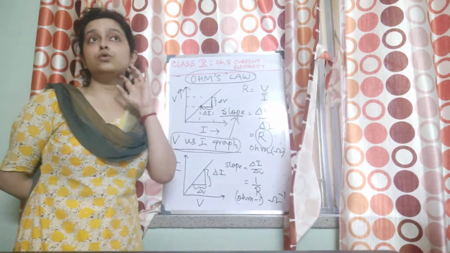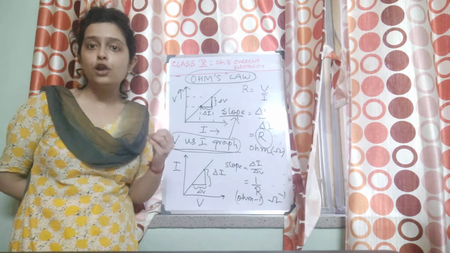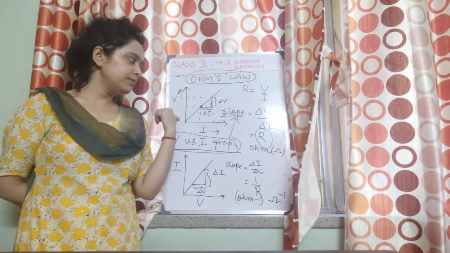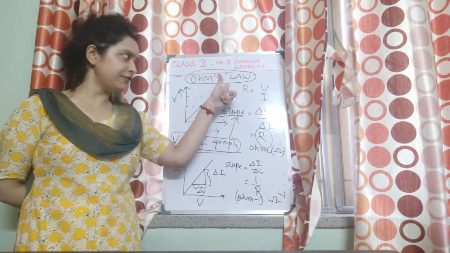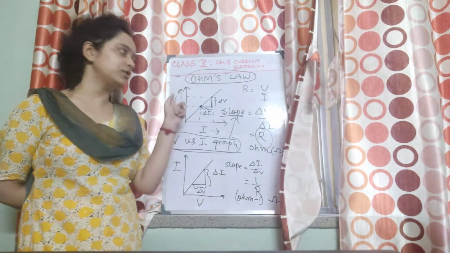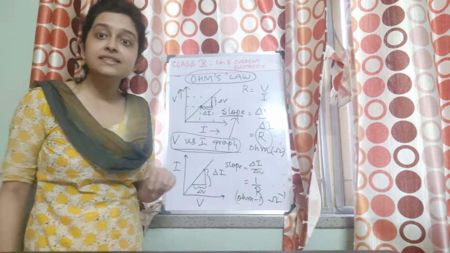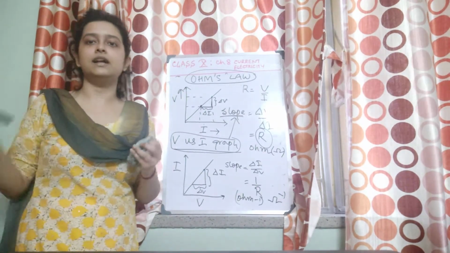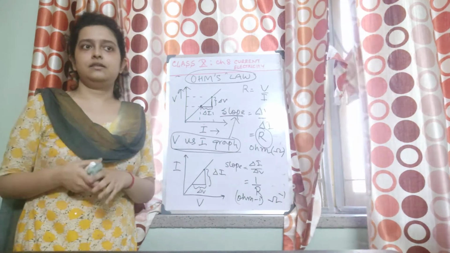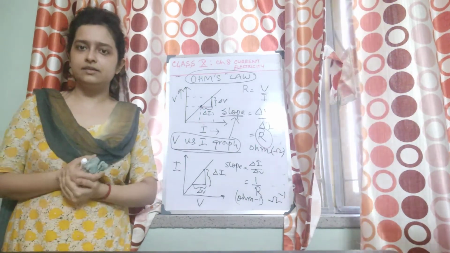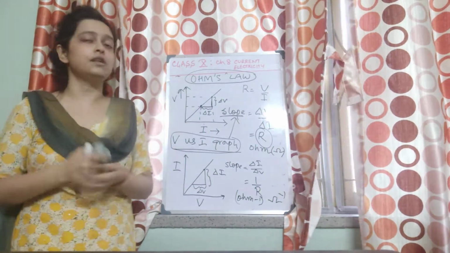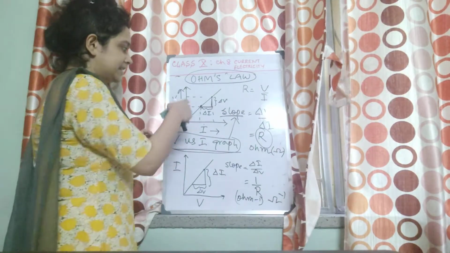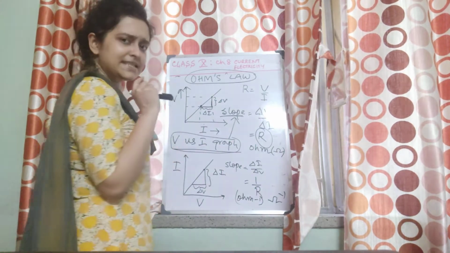Those conductors which follow Ohm's law, obviously they will follow this graph. They are known as ohmic conductors. What are they known as? Ohmic conductors. But there are certain conductors which do not follow Ohm's law. That means for them, this graph is a bit different.